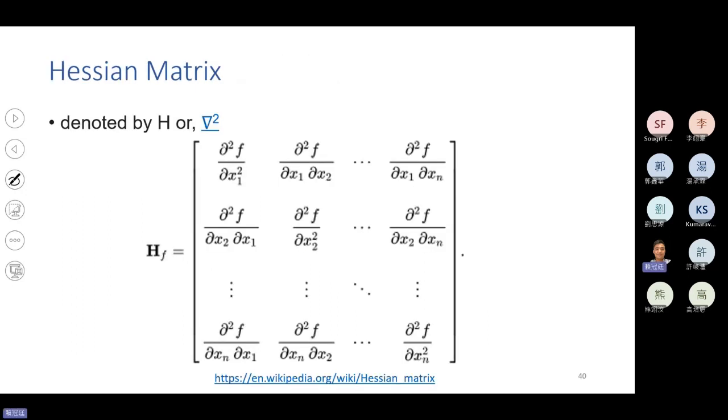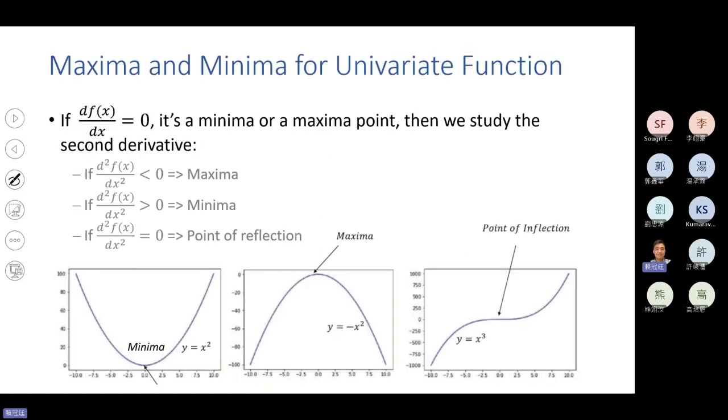To calculate the second derivative, you can use the Hessian matrix, which basically calculates the different combinations of partial derivatives, or second derivatives. So as we said before, if the derivative is equal to 0, it can be a minima or maxima point. Also, we can study the second derivative to see if it is minima or maxima, or again, a saddle point.